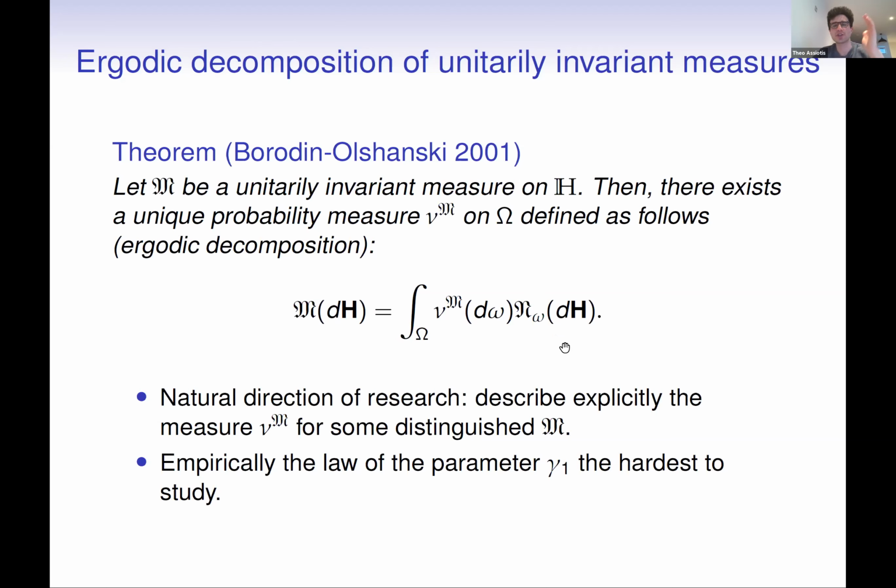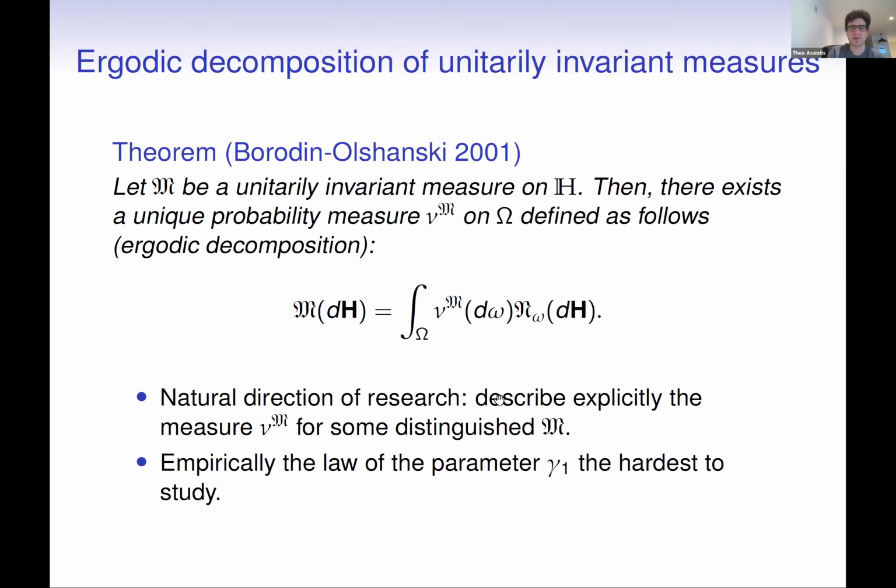This is a Choquet type theorem, if you like. So this explains how it decomposes into the extremal probability measures. This is an abstract theorem. It tells you this mu exists and it's unique and it's defined through this.